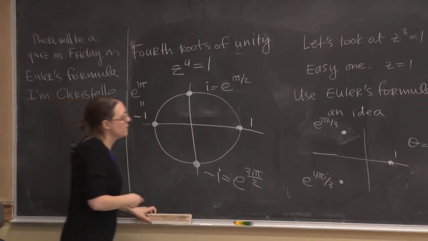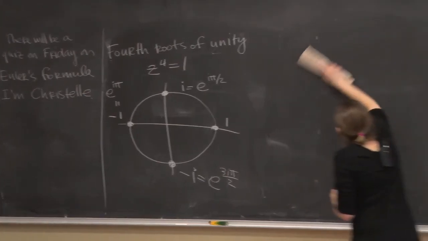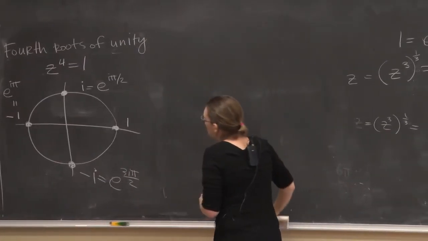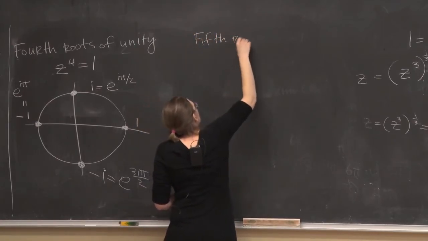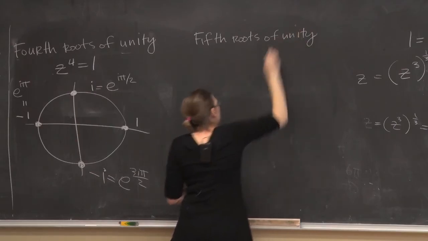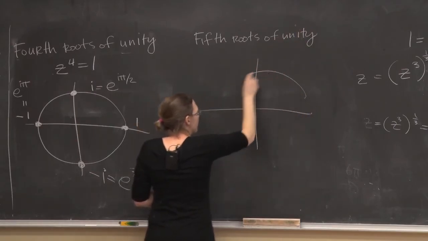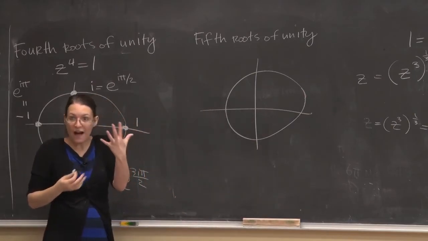Okay, and then let's just do the 5th roots of unity. So these will be numbers we know less well, but that's okay. They're there, right? There's 5 of them.